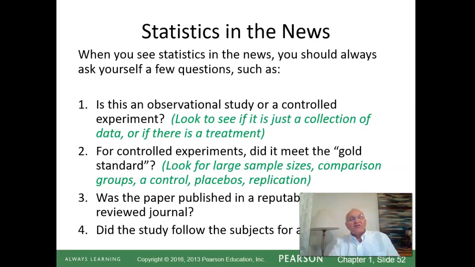So when you see statistics in the news where people are quoting, well, we found such and such, you should ask yourself, is this an observational study or a controlled experiment? If it's a controlled experiment, did it meet the standards we're talking about on that previous slide? And was it published in a reputable place? And did they do a long enough study to really establish what the impact was?